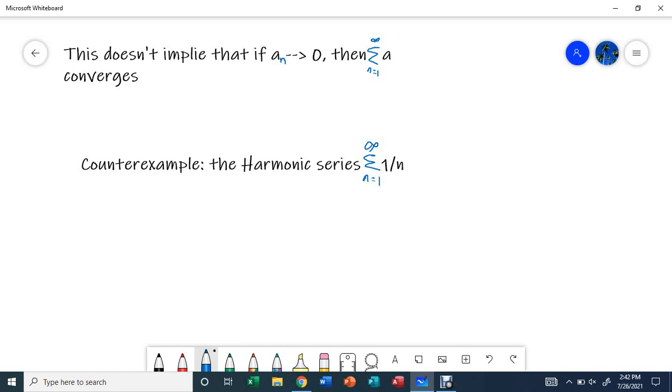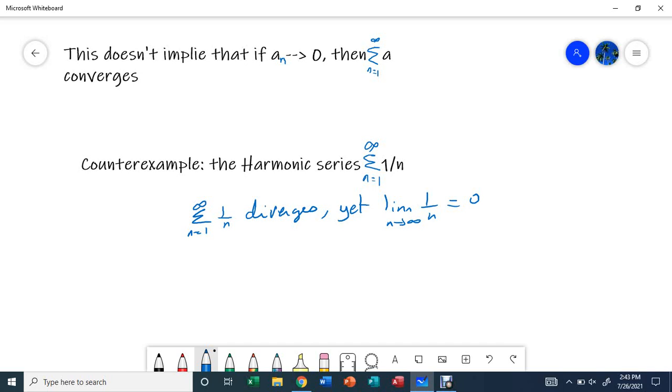We know the harmonic series, n equals 1 to infinity of 1 over n, diverges. And yet the limit of 1 over n as n goes to infinity is 0.